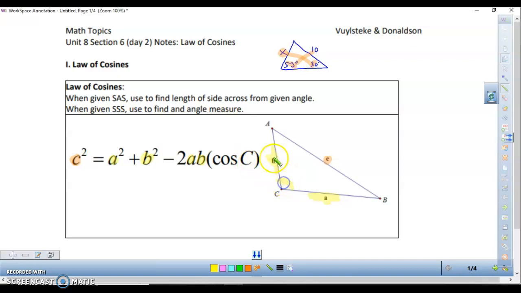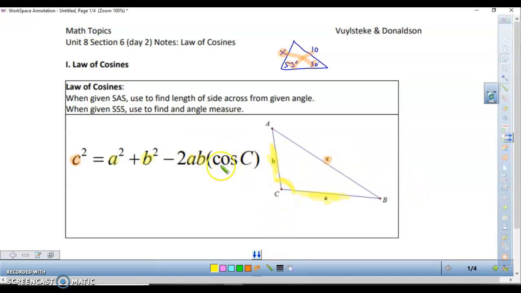If you remember from geometry class, this is side, angle, side. If you know side, angle, side, then you could find the third side. The other option is that if you knew all three side lengths, you could find one of the angles, and we'll look at that as well.